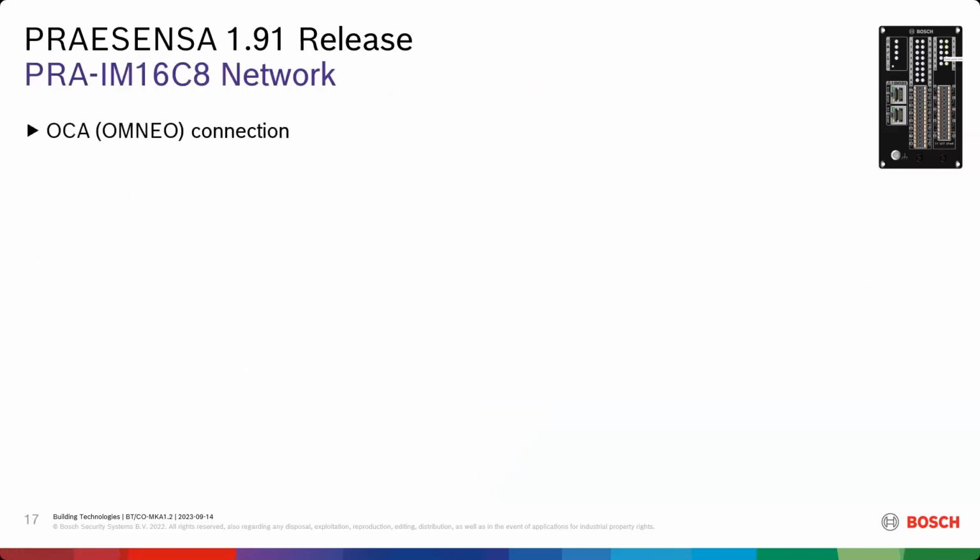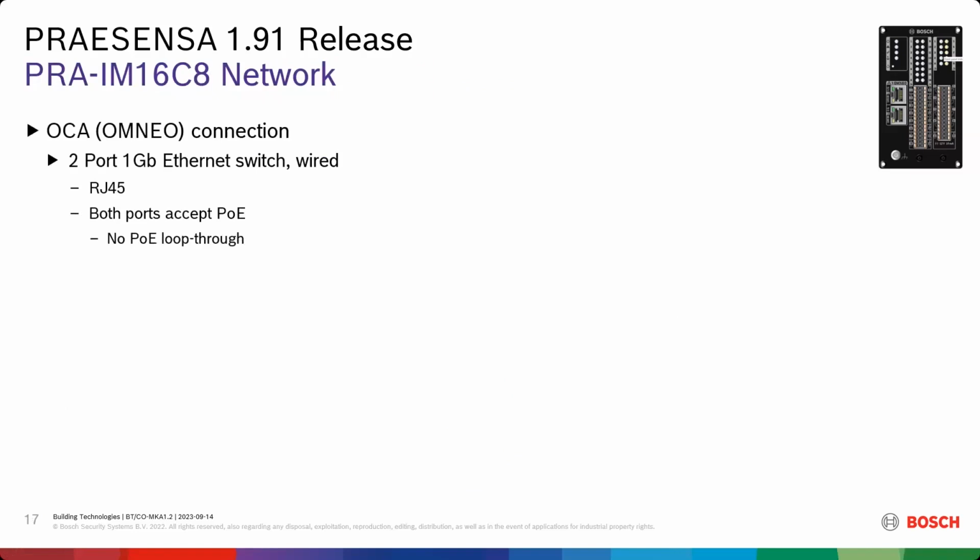Related to the network, we are using, as already told, the Omnia connection, the open control architecture, which means that all control can be encrypted and passed through the Ethernet connection itself via the RJ45.